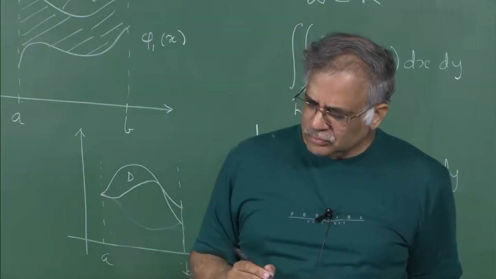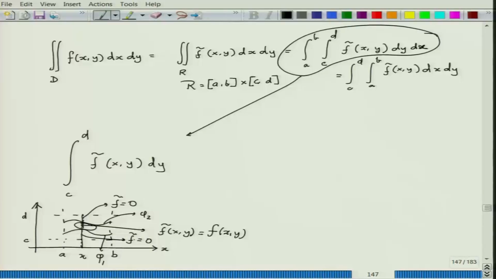So, if I integrate here, only on the part which is cutting through the domain, that is for those y values lying between phi 1 x and phi 2 x, the function value f tilde (x,y) coincides with f(x,y), otherwise the function values are 0.